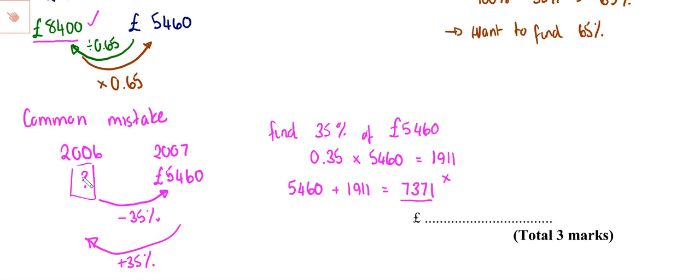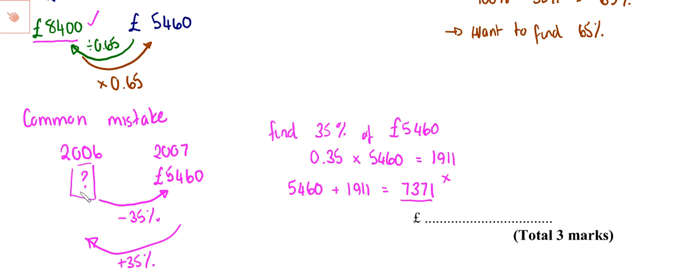Well, this is an important aspect for you to understand. When this number is decreased by 35%, we work out 35% of that number, don't we? And subtract it. Yeah? This number, is it bigger or smaller? Bigger.